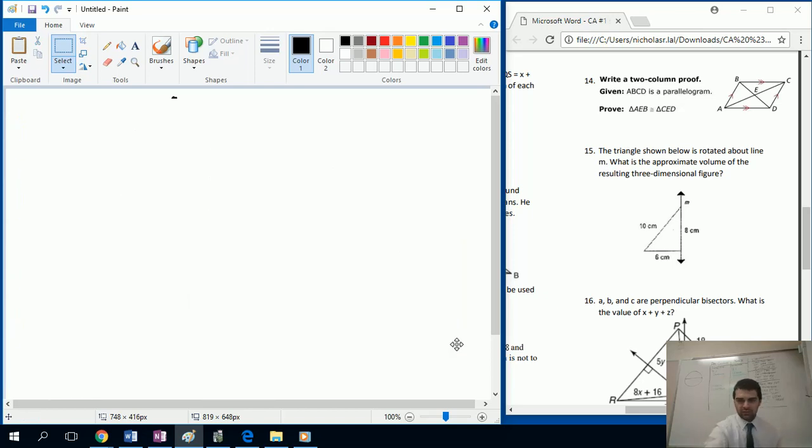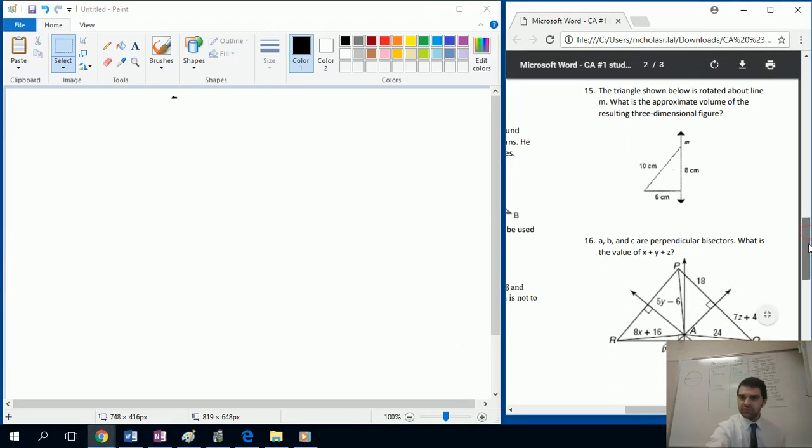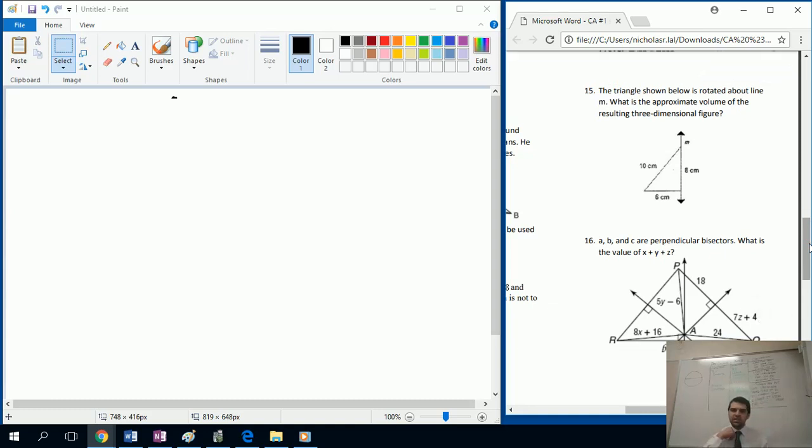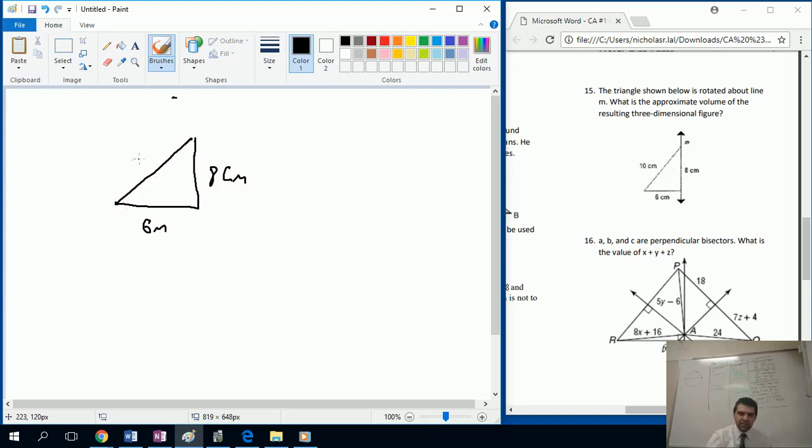15. The triangle shown below is rotated about the line M. What is the approximate value of the resulting three-dimensional figure? So we have a triangle. It's 6 centimeters by 8 centimeters by 10 centimeters.